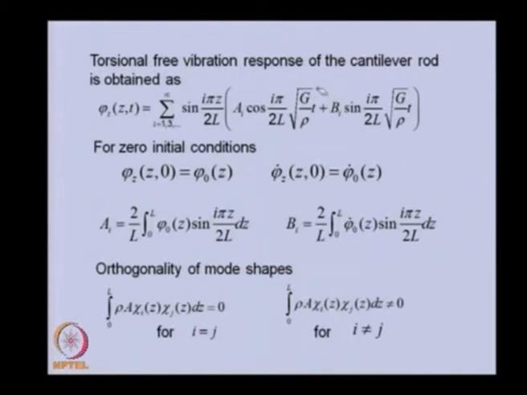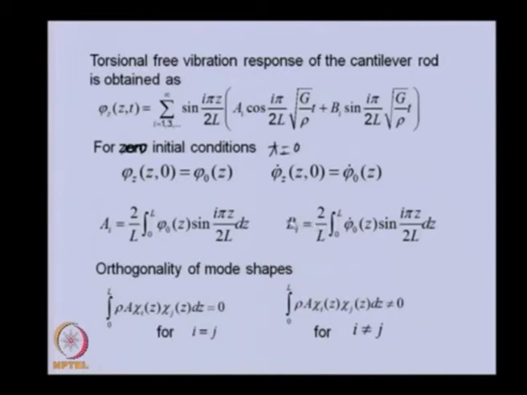If our initial conditions are not zero, at time t equal to 0 we have some angular displacement and angular velocity, and these constants we can get from them.